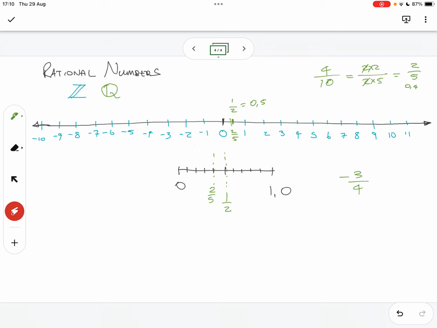So if we're going to plot it on this line here, then we would have to do that division, etc. So let's say we use our calculator for now, right? So 3 divided by 4, 0.75. Okay, remember our little number line here. We can also do it going into the negative direction, right?